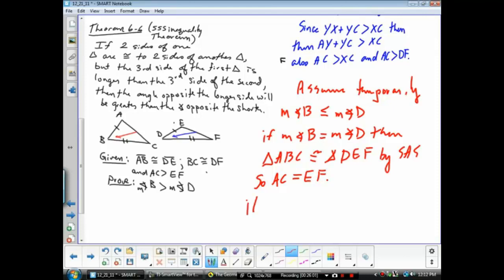If measure of angle B is less than measure of angle D, then what we have actually is, by theorem 6.5, AC is less than EF. Both of these are a contradiction to the given that AC is greater than EF.